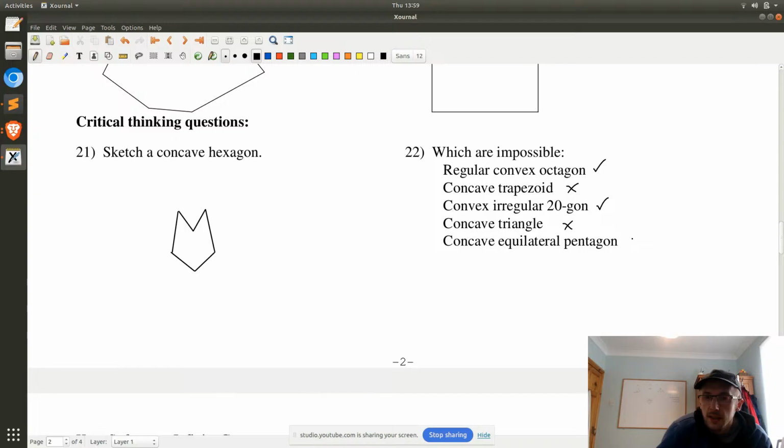A concave equilateral pentagon, well, you can sort of imagine drawing the first 3 sides of an equilateral pentagon, and then ask yourself what happens if instead of doing this, what happens instead if I do this?